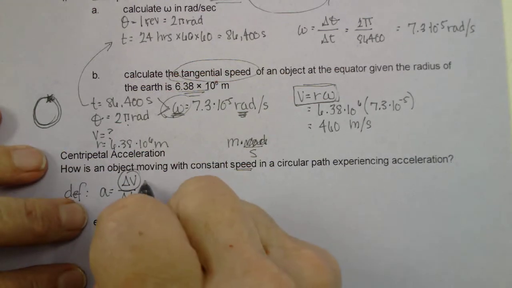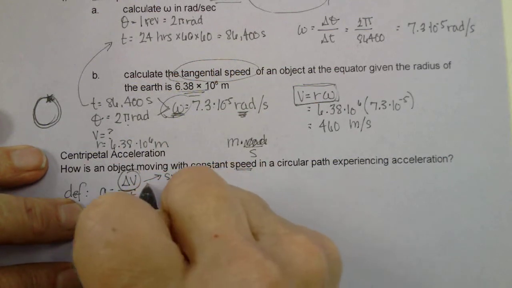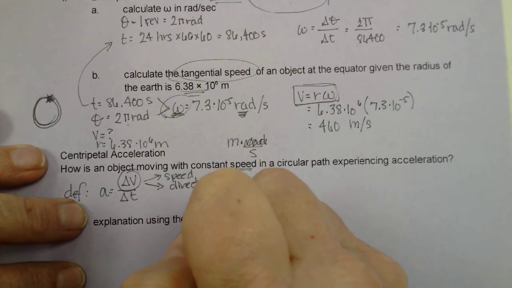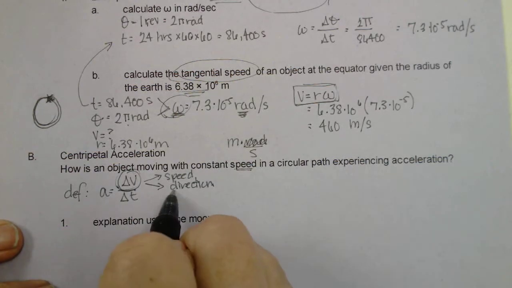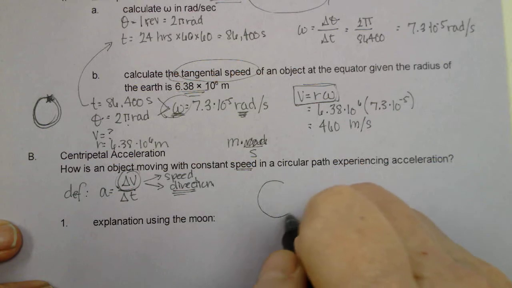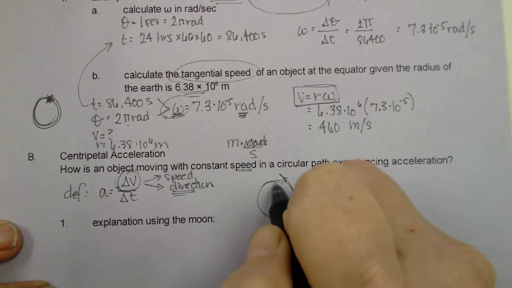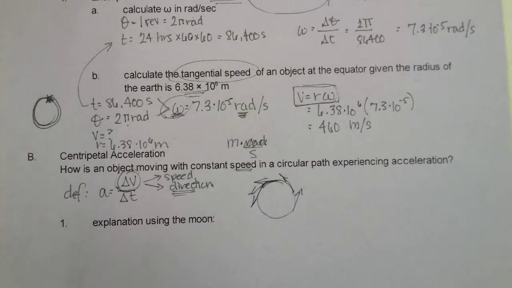Because it's a vector, it's made up of speed and direction. If I change either of those two, I will be changing velocity. When I travel around a circle, I am constantly changing velocity. Every time my object moves, it wants to go straight. It wants to go straight, but it can't. So it is being pulled into the circle.